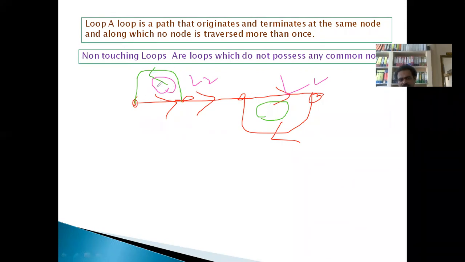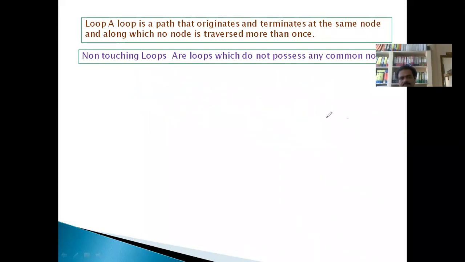There is no connection between these two, so these two are called non-touching loops. Loops which do not have any common node are called non-touching loops.